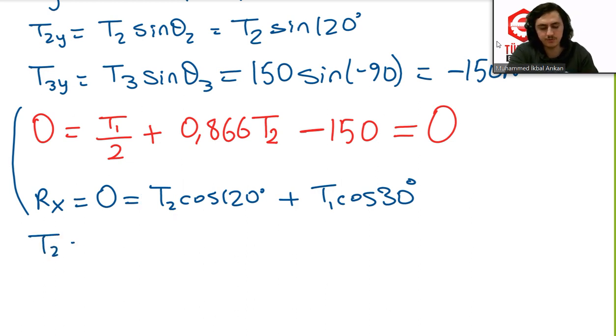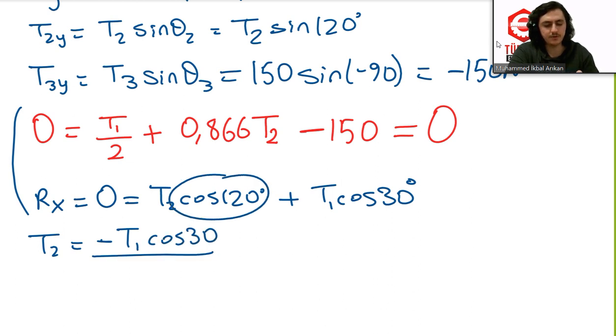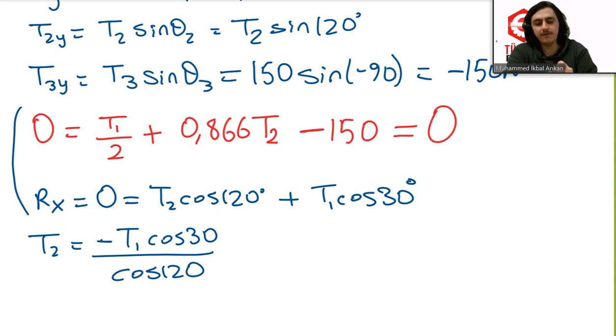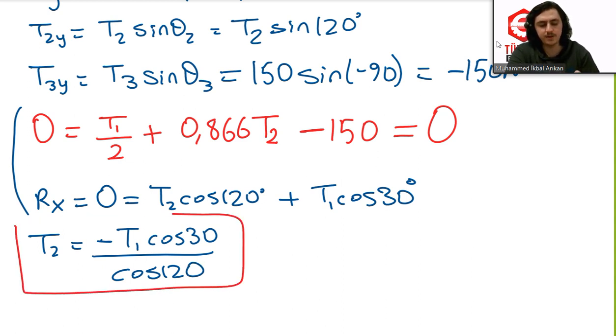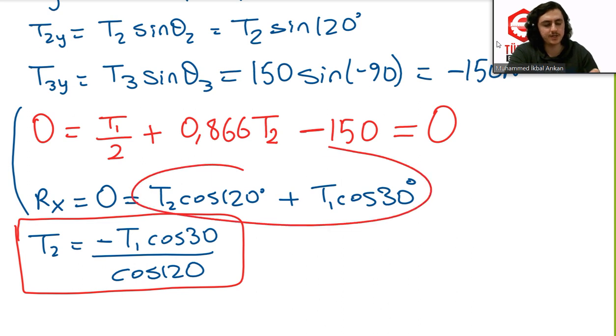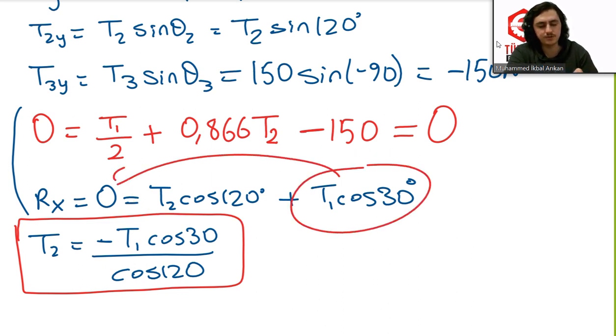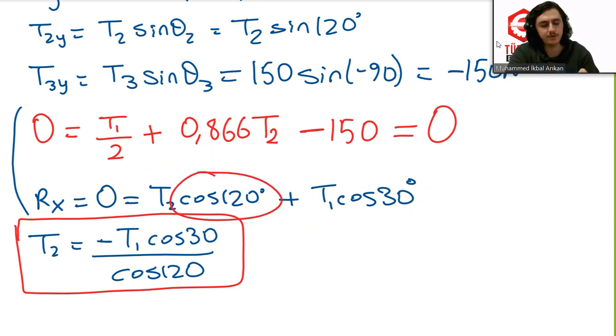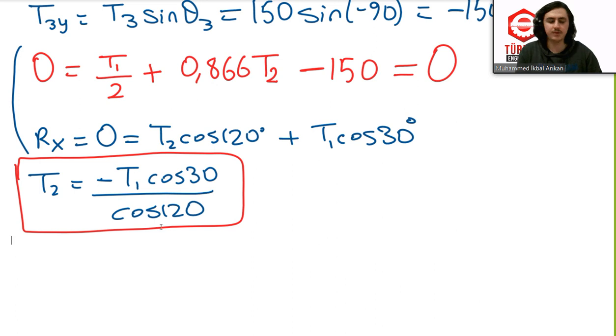So T2 will be equal to minus T1 cosine 30 divided by cosine 120, right? From this equation, I send this one to the other side, so it has minus. Then divide both sides by this, so I got this one. So when I see T2, I can put minus T1 cosine 30 divided by cosine 120.